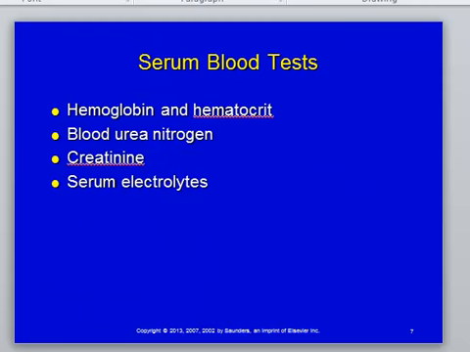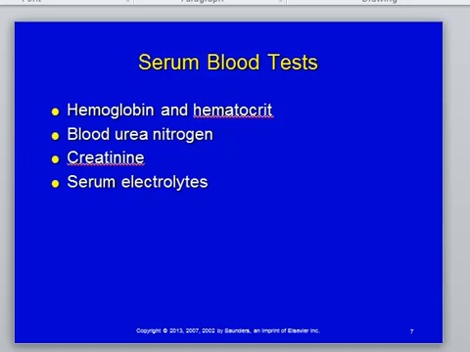These are the serum blood tests that may be done. We've already talked about BUN and creatinine, and we haven't talked too much about serum electrolytes, but as you remember, the functions of the kidney include the production of renin, which helps with the regulation of blood pressure, and release of renin is stimulated primarily by decreased pressure in the afferent arterioles of the glomerulus.